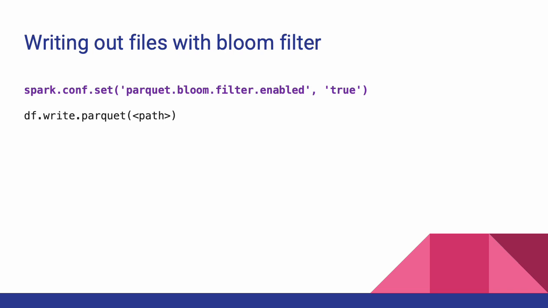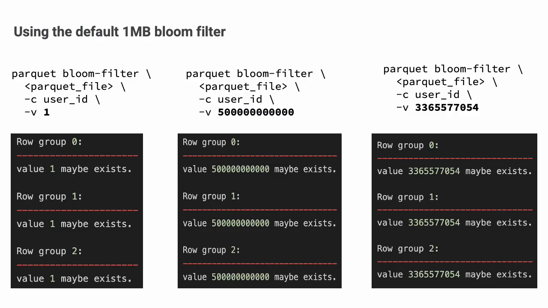So in our example, we had 100 million records and we created two files, and both of the files were 280 megabytes. Once we created the bloom filter on the user ID, using the Parquet CLI, we can also inspect what the bloom filter returns for a certain column, for a certain value.